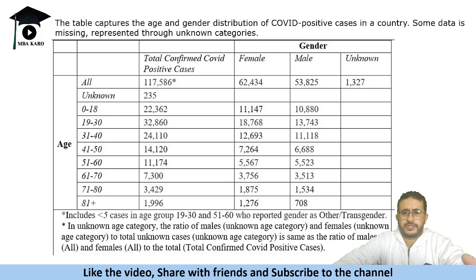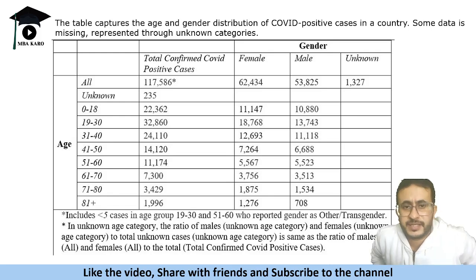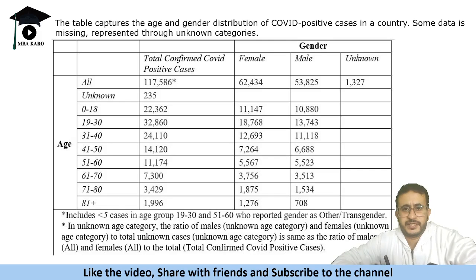In this set, two of the questions were scrapped. It said that this table gives the age and gender distribution of COVID positive cases in a country. Some data is missing, represented through unknown categories.